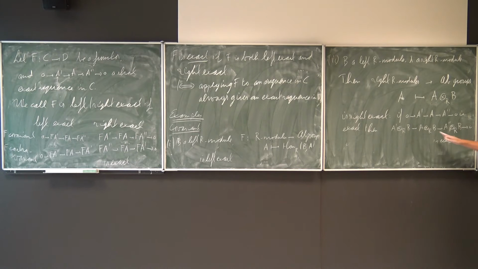To show exactly that the kernel here is exactly the image of this one is a bit more tricky, but it's a good exercise to show this from the definition of the tensor product. Again, the surjection here is not so difficult because you just apply from A to A double prime, and you have tensor with B on the right, and this is surjective. Okay, so those are two examples.